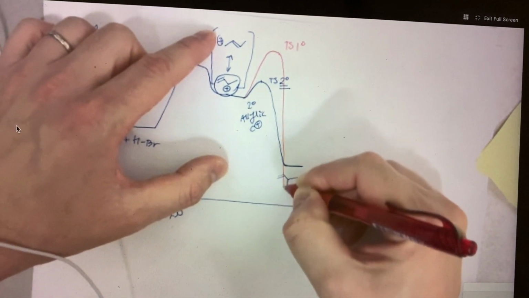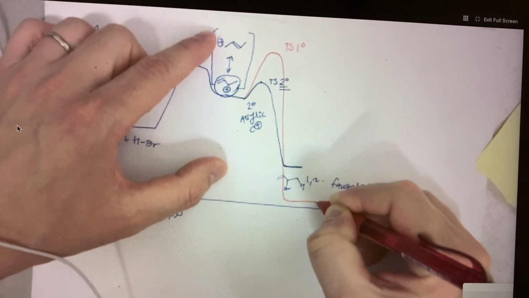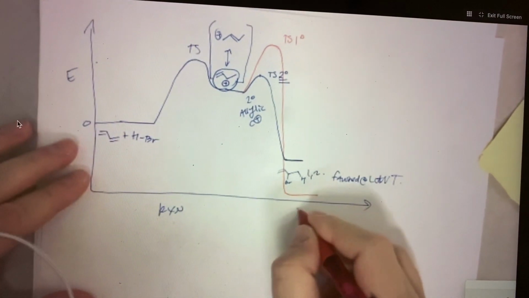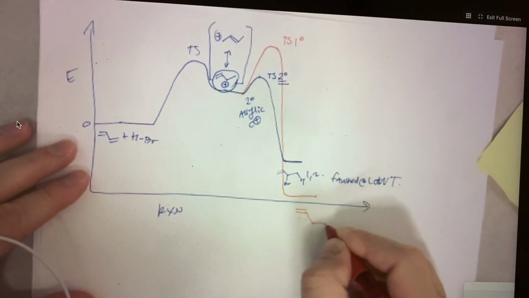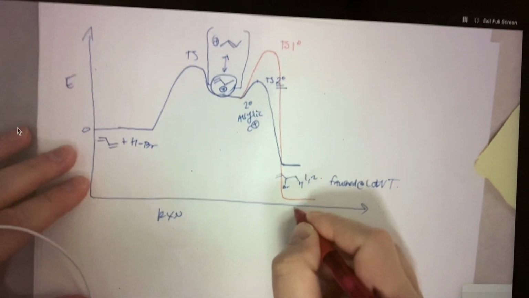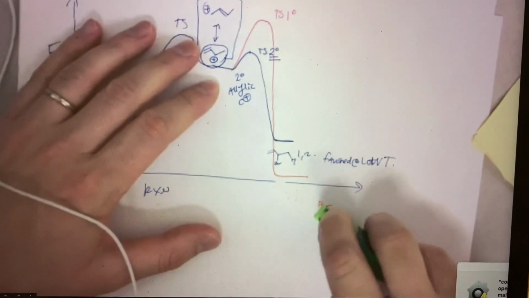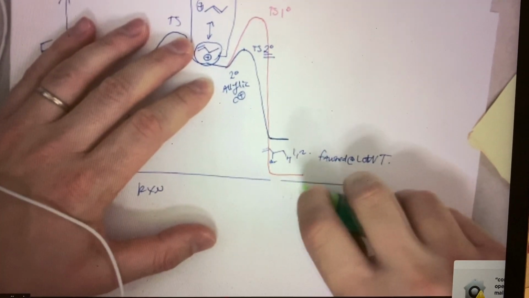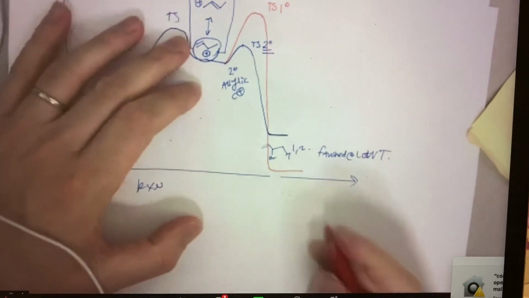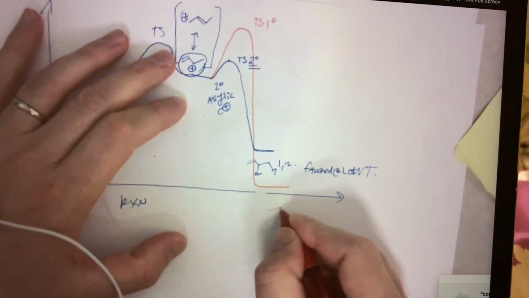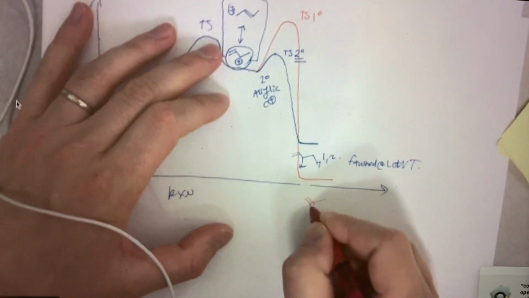But the final resting point, I'm just going to redraw this just a little bit. Don't worry. I'll take time and explain these things very, very slowly, but we're going to draw the 1,4 addition product below the 1,2 addition product.